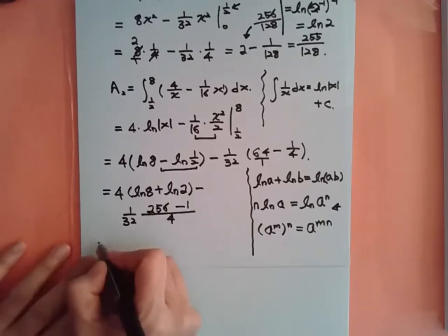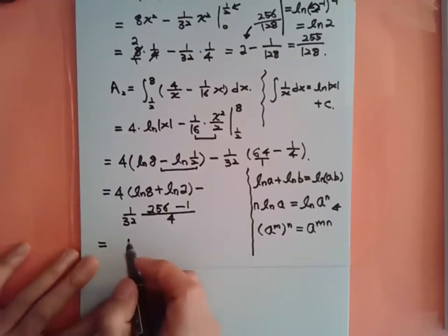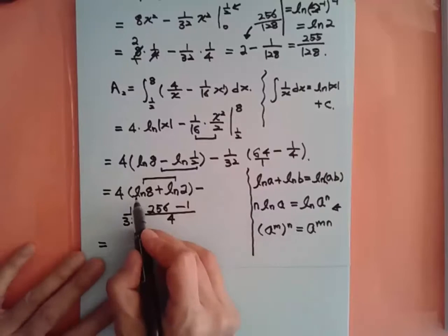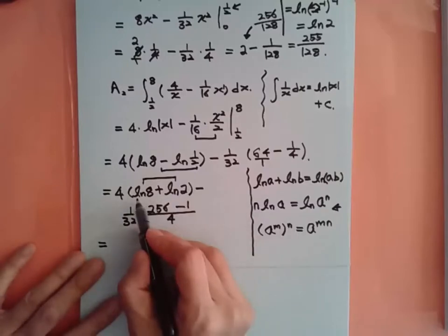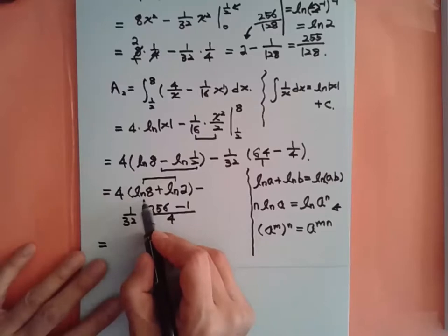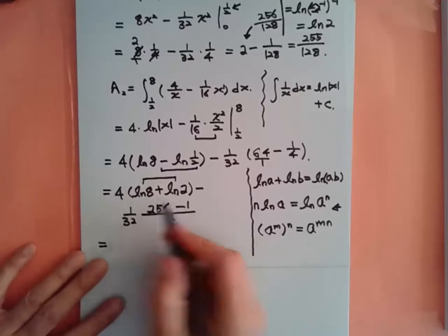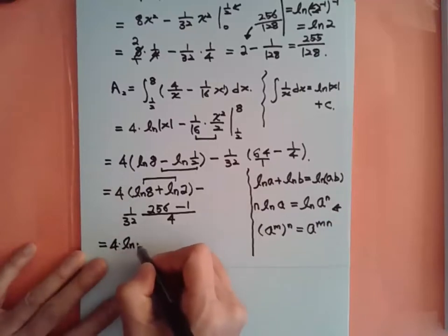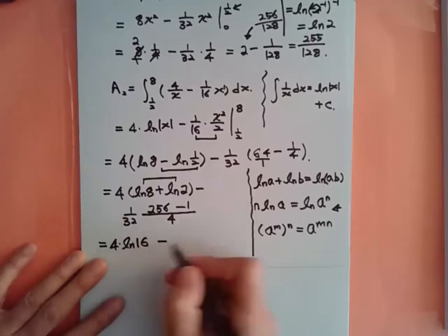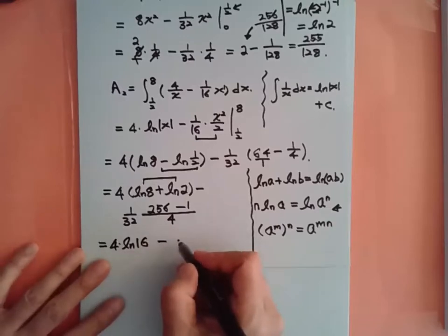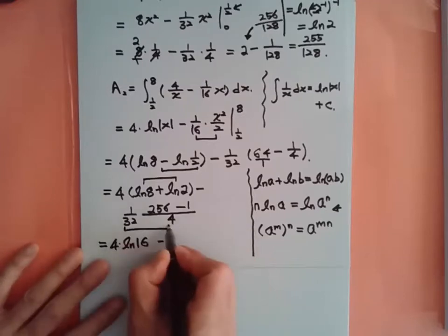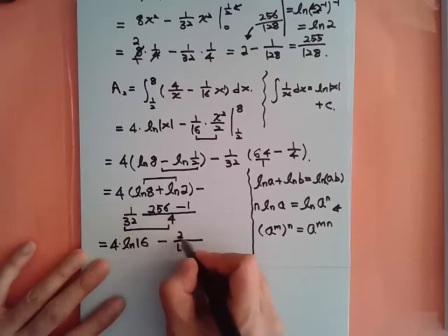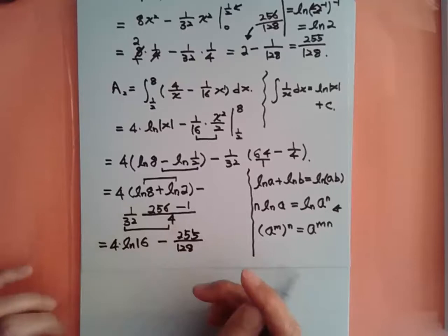And then to conclude the problem, we will combine these two. These are addition form with the same logarithmic base, so we have to multiply to put things together. So 4 times natural log of 8 times 2, which is 16, minus, if you multiply these two, you will get 128 and 1 less, 255, right?